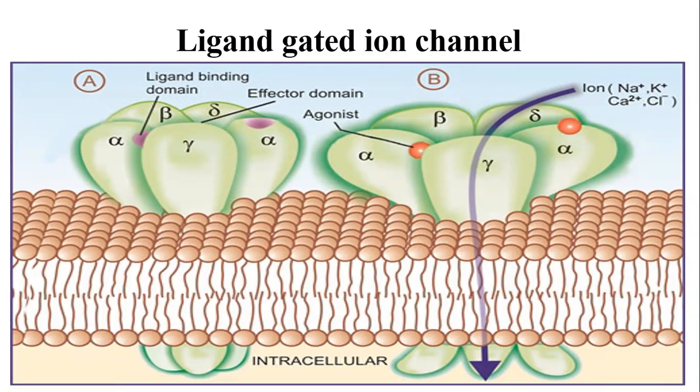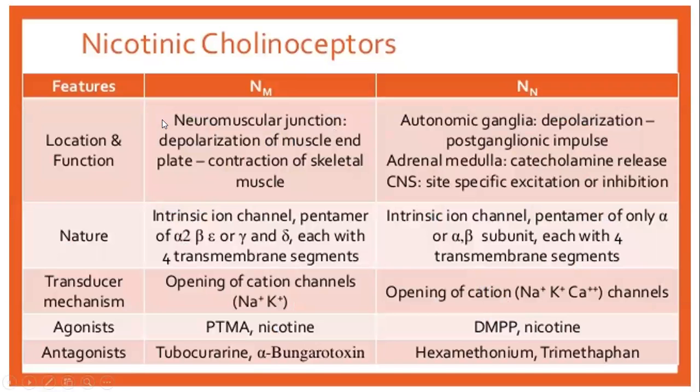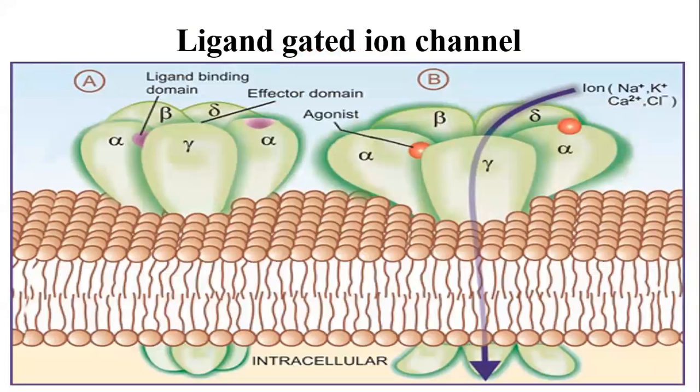Only 20% of drugs act through enzyme linked receptors and ligand gated ion channels. Here the nature of the nicotinic receptor is a ligand gated ion channel, but the nature of the muscarinic receptors is G protein coupled.